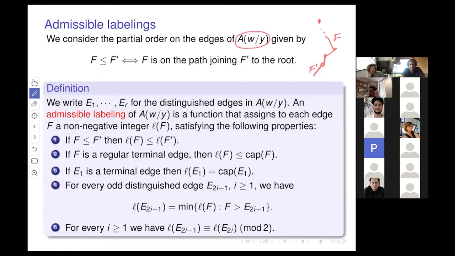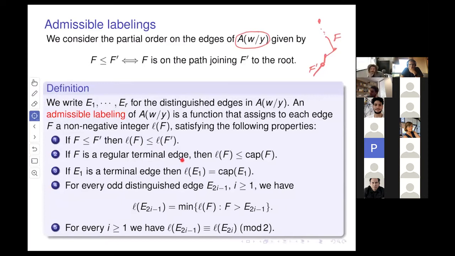Okay. So what's an admissible labeling? Well, it's a labeling of the edges. So I have to attach to each edge a non-negative integer. These integers have to respect this partial ordering on the edges. So if I'm closer to the root, then I have to have a smaller label.